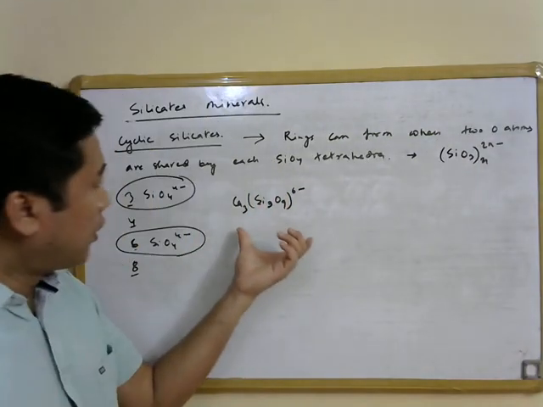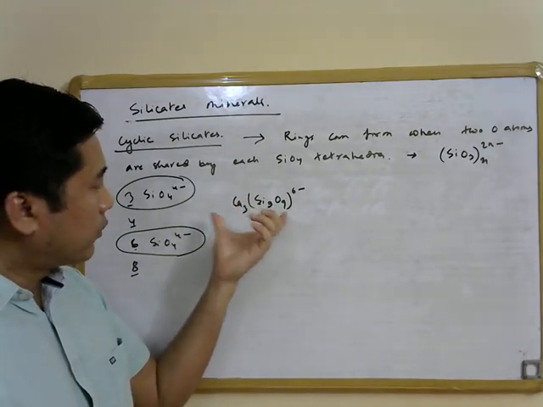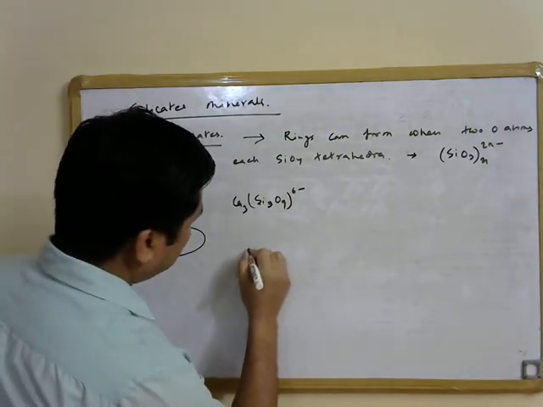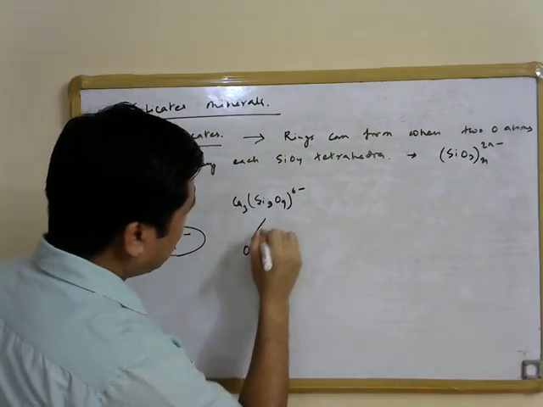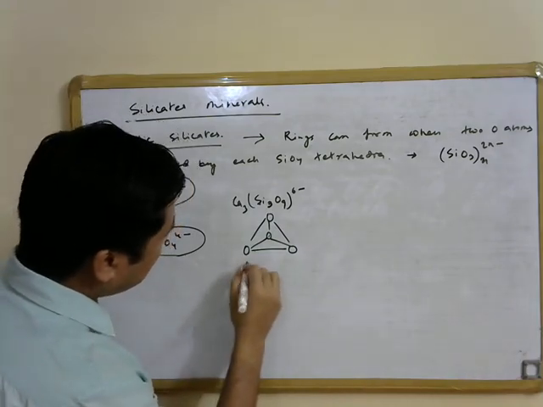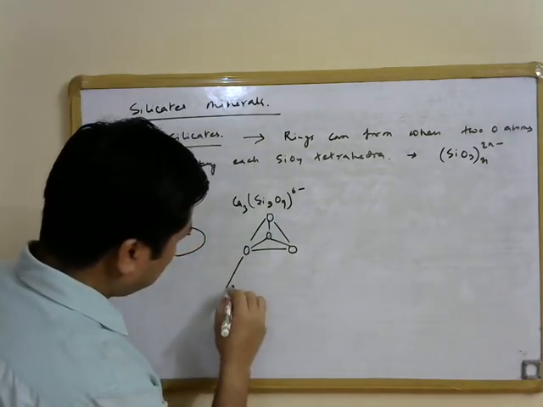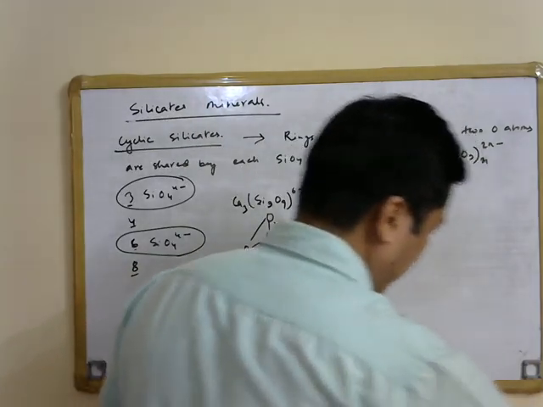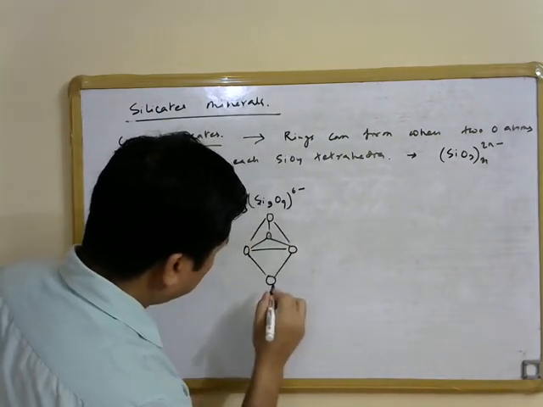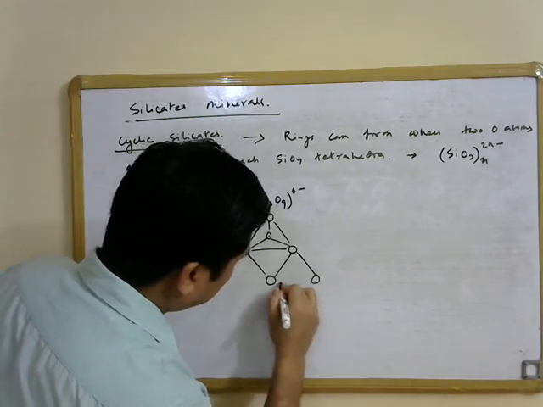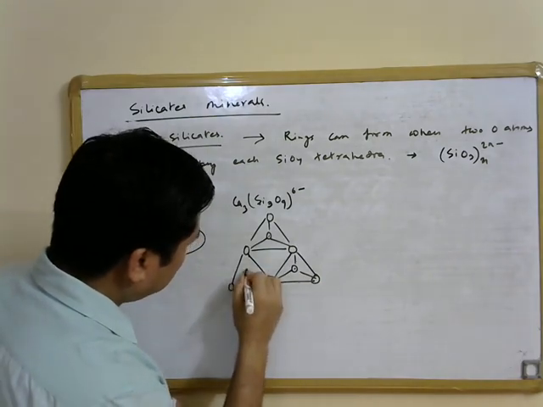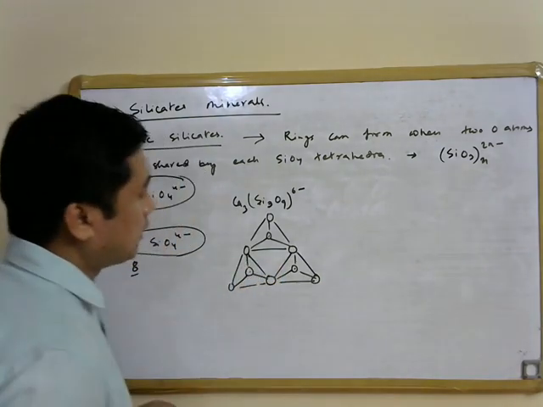This is one example of a cyclic silicate where 3 SiO4 units are present, and we can draw the structure of this cyclic silicate mineral formed by sharing of two oxygen atoms per SiO4 unit.